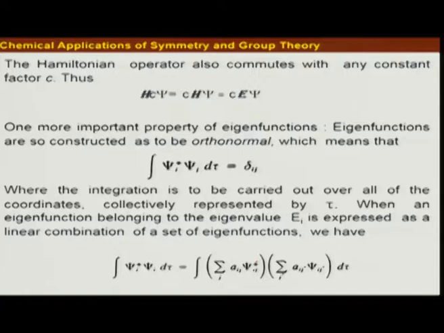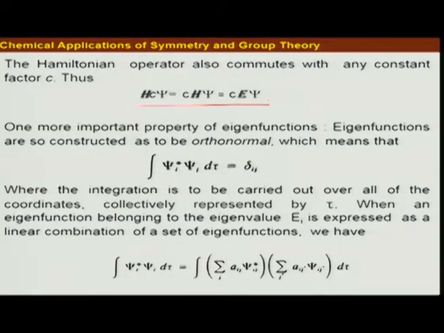So what is said here is that the Hamiltonian also commutes with that constant. Therefore I can write that if I have a constant c multiplied to the wave function psi, which is an eigenfunction of the Hamiltonian operator, then c and H commute. This is an important thing that we should note.